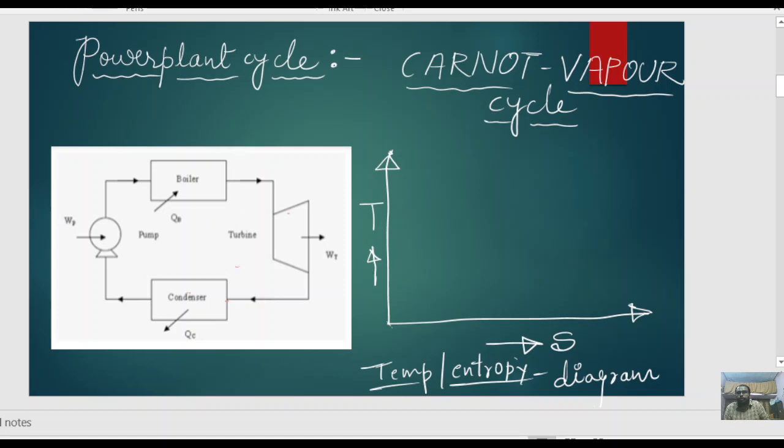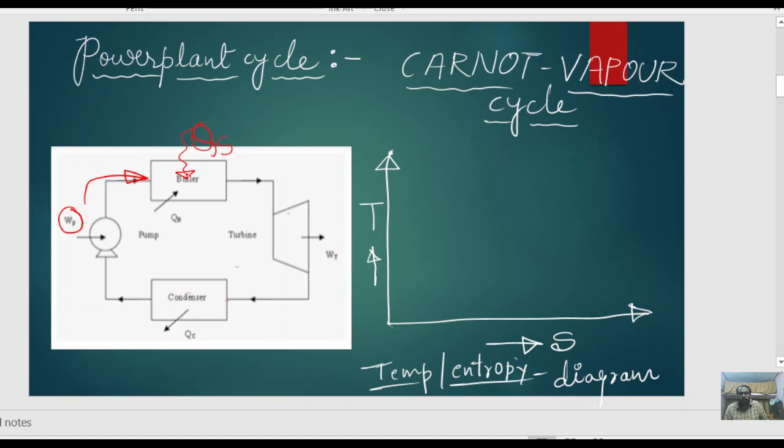Before going to the vapor power cycle, we should learn how the power plant works. The power plant starts with the pump. The function of the pump is to increase the pressure of the working substance and pump it to the boiler. What is the function of the boiler? The boiler's function is heat addition, in the boiler we supply the heat.